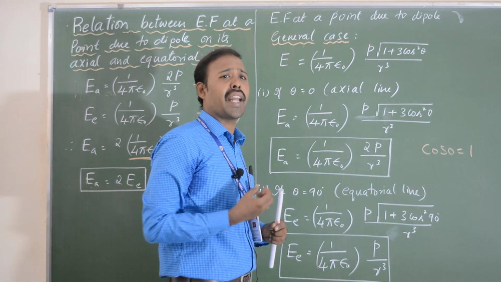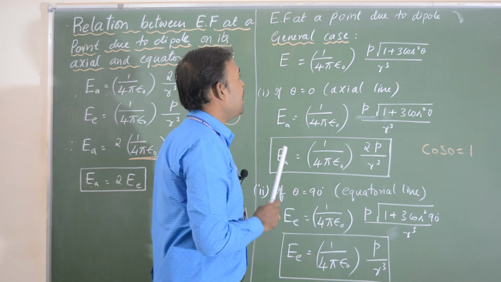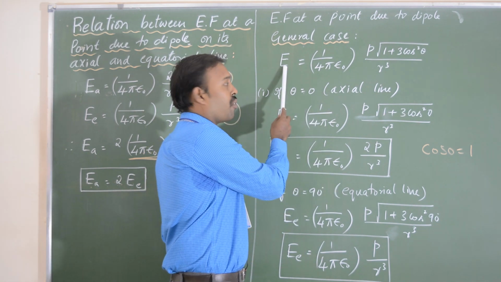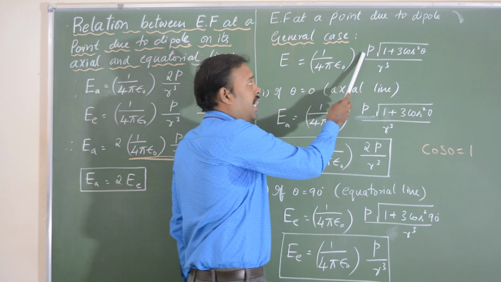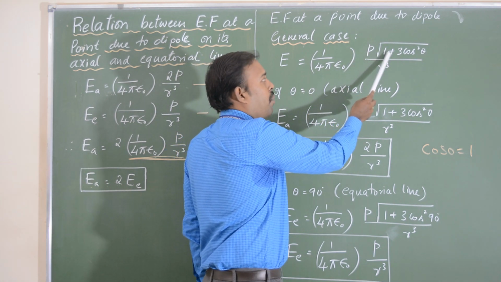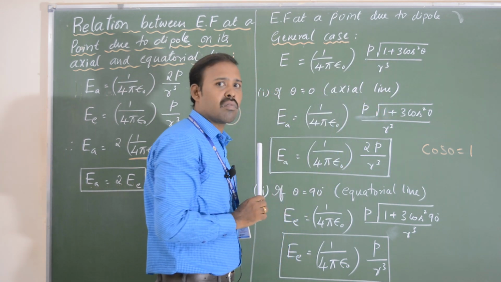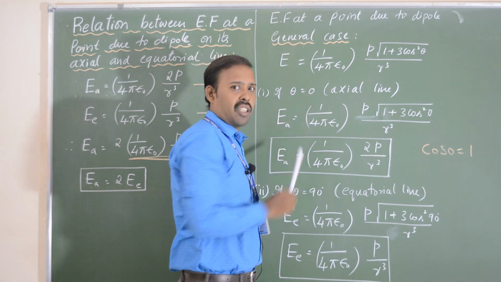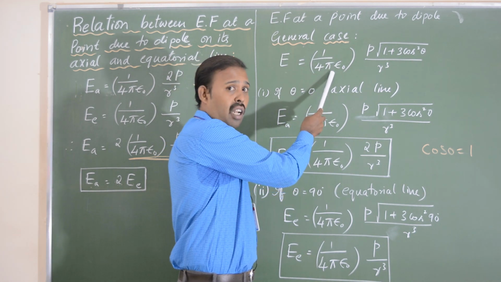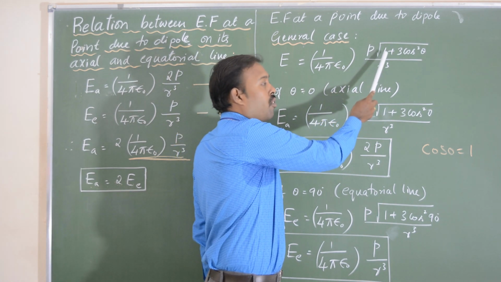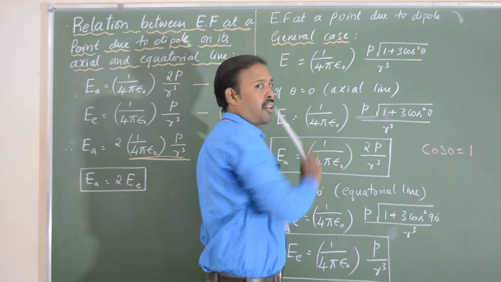The general equation is given by E is equal to 1 by 4 pi epsilon naught p square root of 1 plus 3 cos square theta divided by r cube.